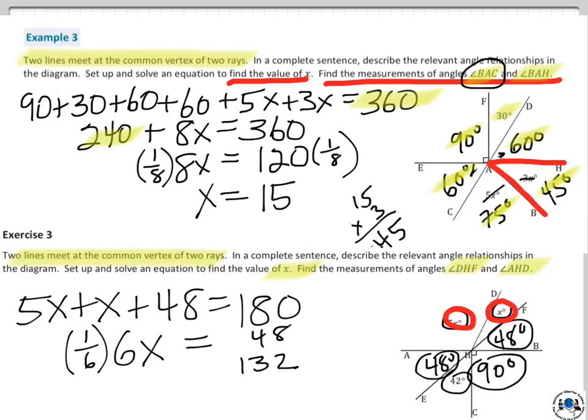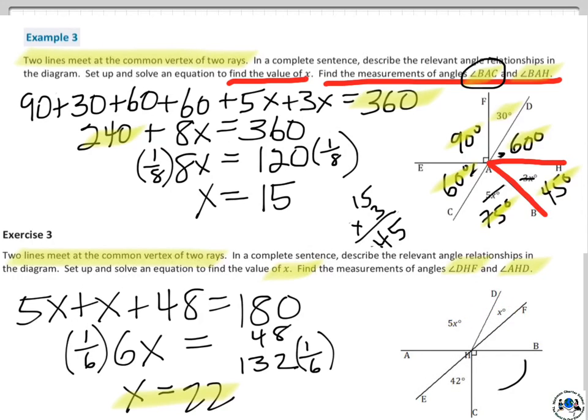Multiply by the multiplicative inverse, and we're going to get x equals 22. Okay, x equals 22. There we go. We know x. Let's clean all this up and see if we can do the rest of this. We found our x, so we know this one here.